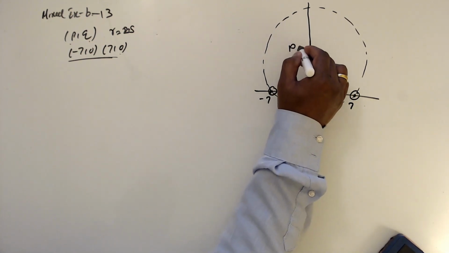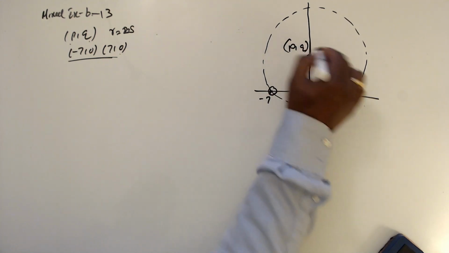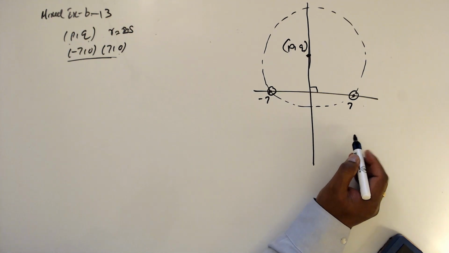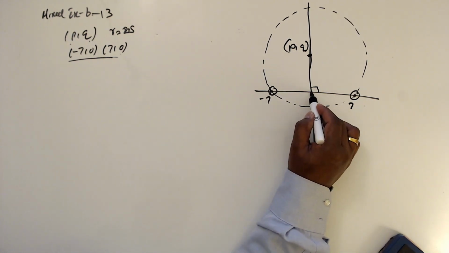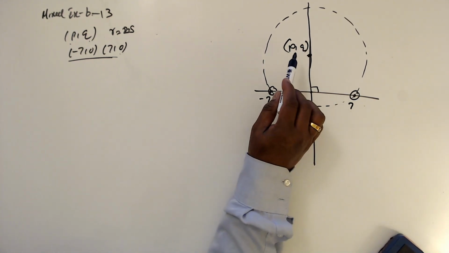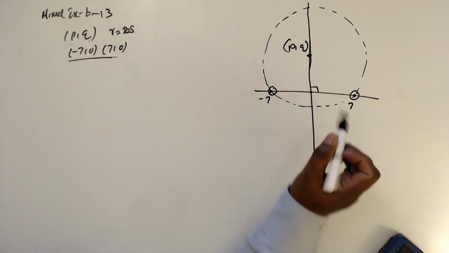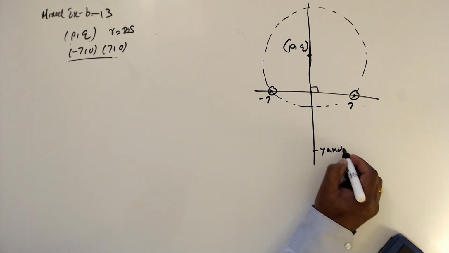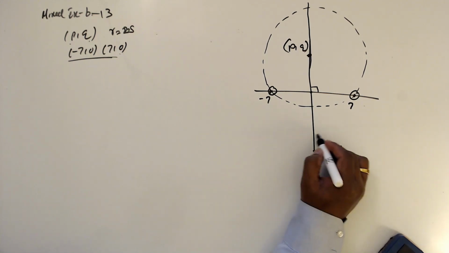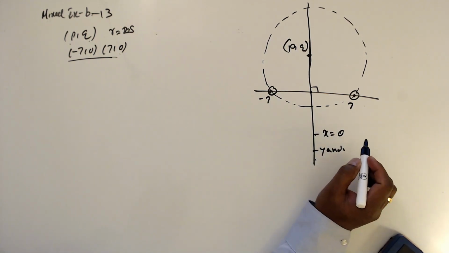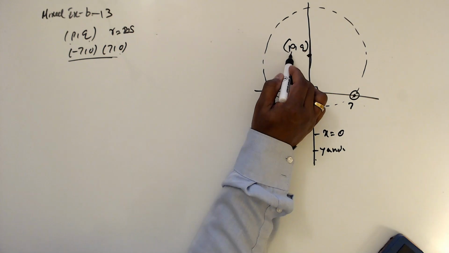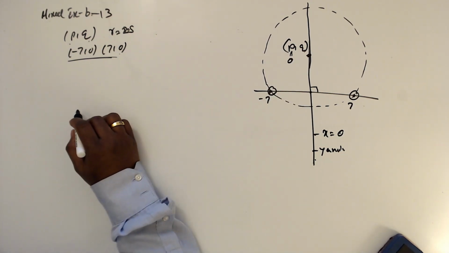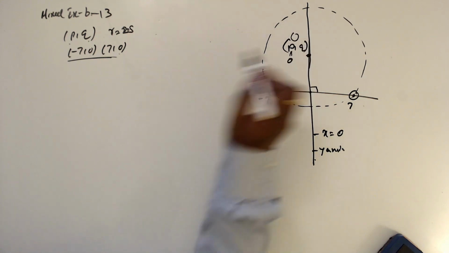Center is (P, Q). Because we know the y-axis equation is x equals 0, it means this P has to be 0. Now we know that P value is 0.